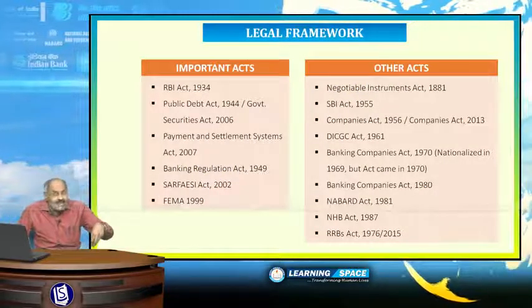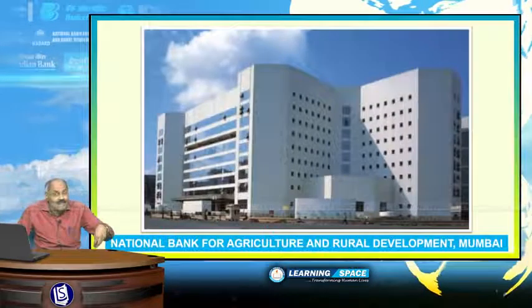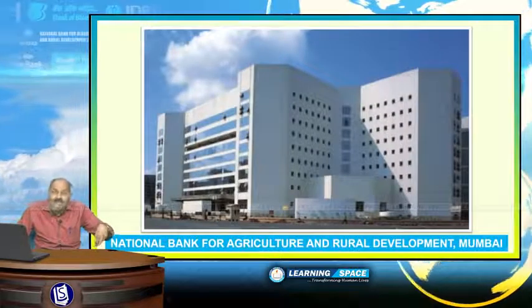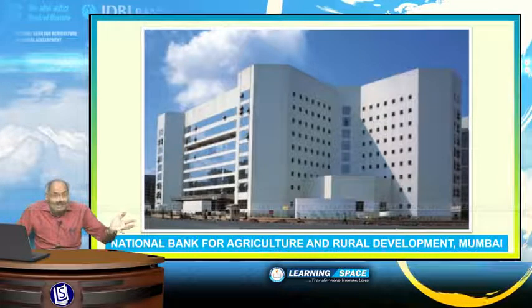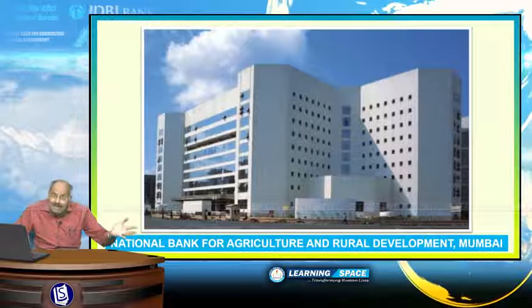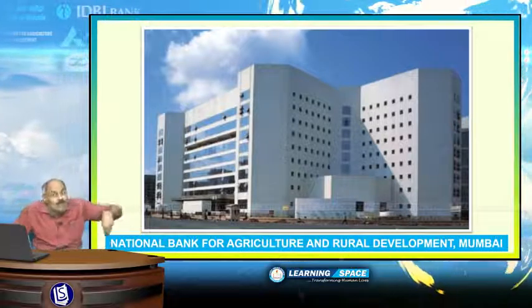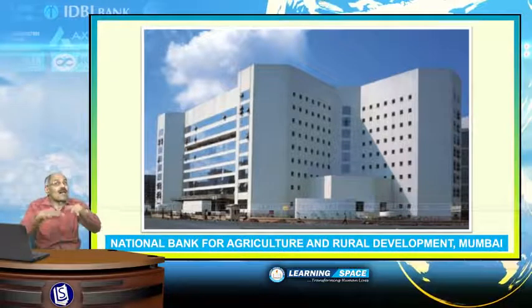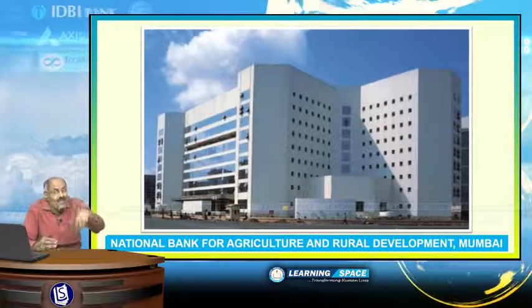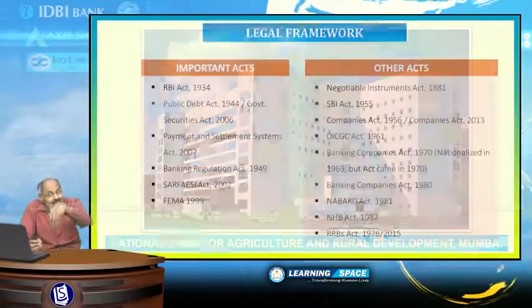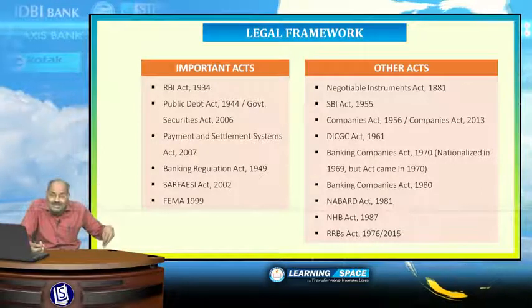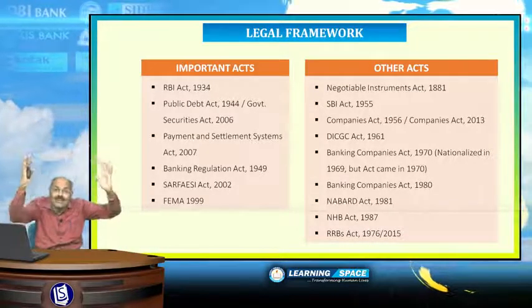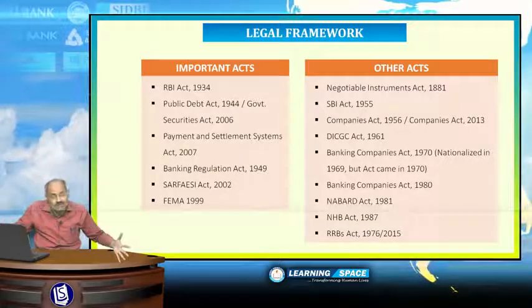Under the NABARD Act of 1981, the National Bank for Agriculture and Rural Development was established in the year 1982 to work as a sectoral development organization for agriculture and rural development in rural areas. NABARD was established, and the framework is as per the NABARD Act of 1981, and the Reserve Bank has to look into all these aspects before acting as a regulator for all these institutions.